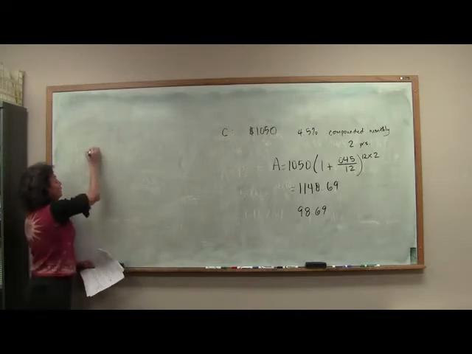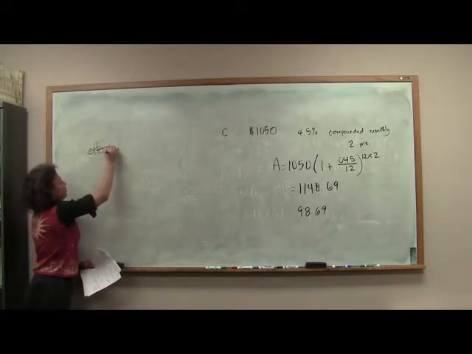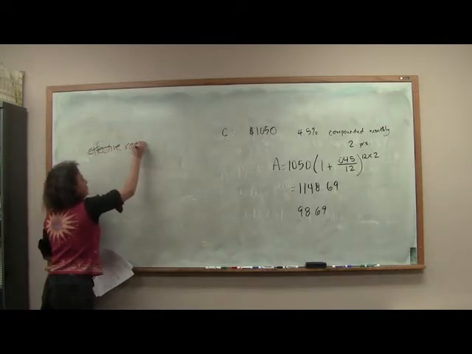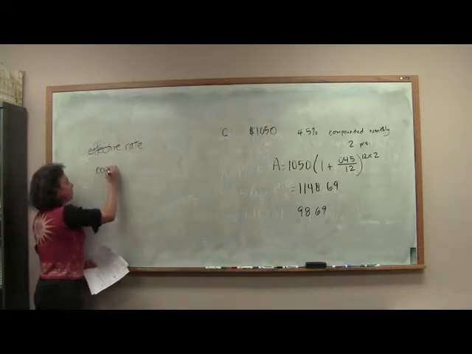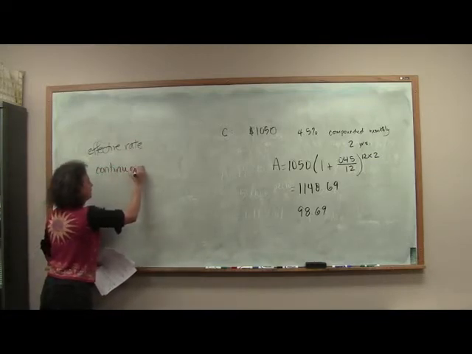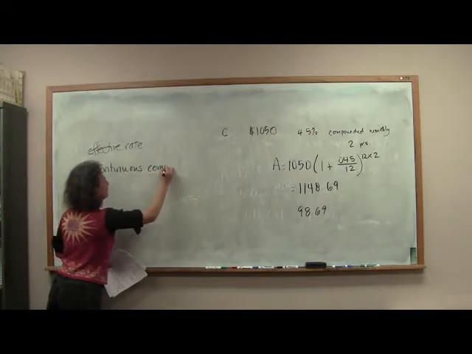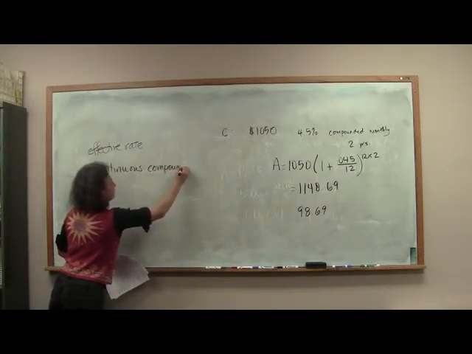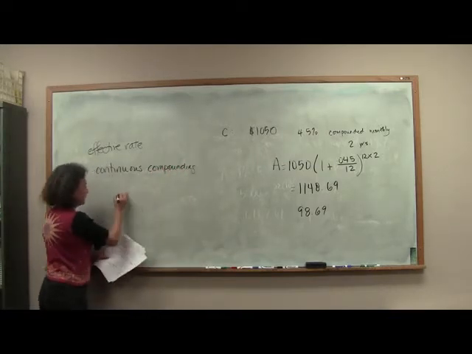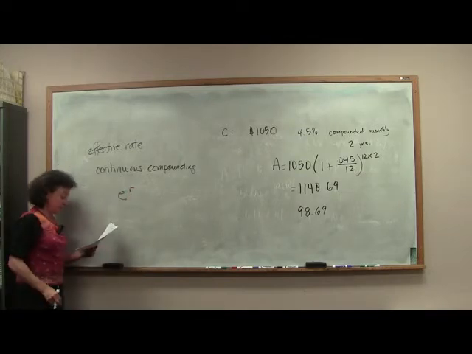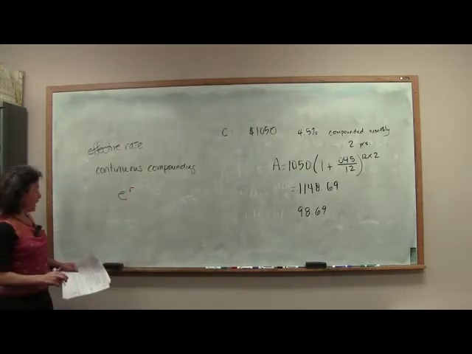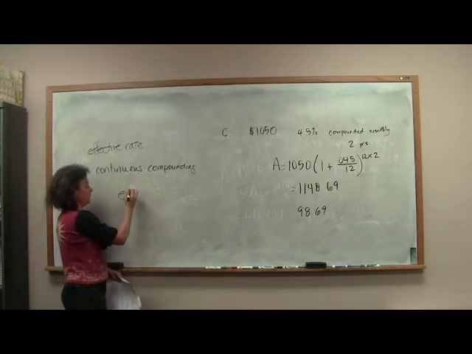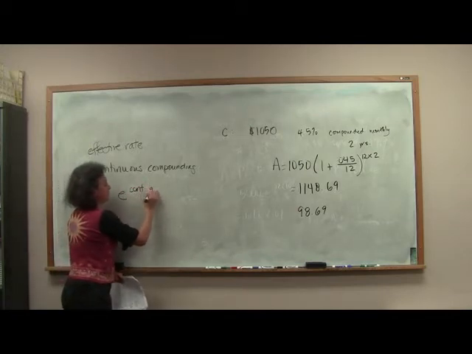Now, the way you compute your effective rate when you're dealing with continuous compounding is literally you compute e to the whatever the continuous growth rate is.